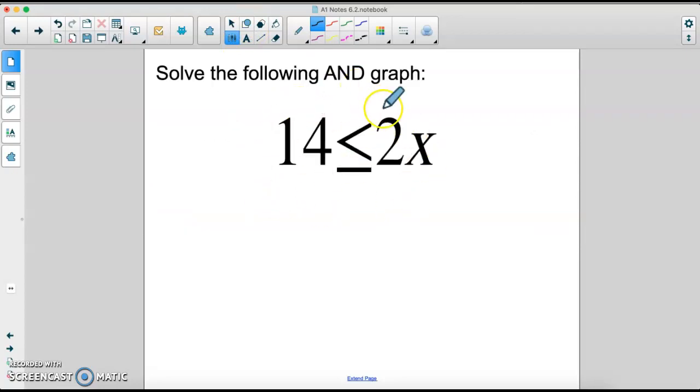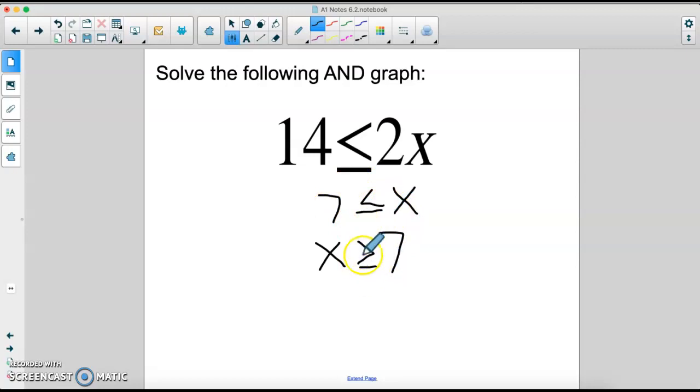All right, this one, divide both sides by 2. You get x is greater than or equal to 7. I don't like this form because the x is on the wrong side. So what I do is I move it to the other side, keep that inequality facing the right way.